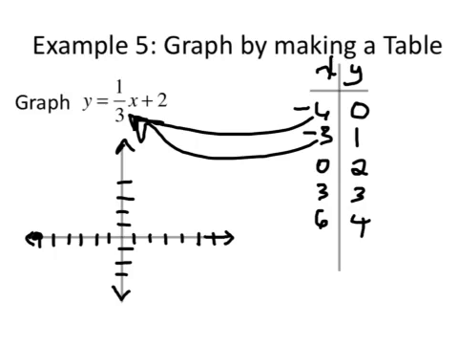Then I do the same thing with -3, +1, 0, +2, 3, +3, and finally 6, +4. And by the time I'm done, I'm feeling pretty confident that I have a straight line, and then I just connect everything, and I get this beautiful, awesome linear equation graph.